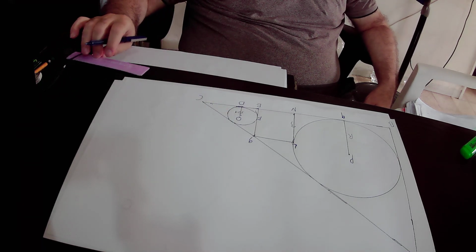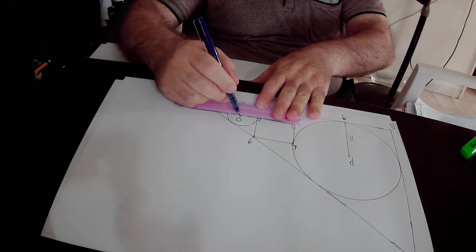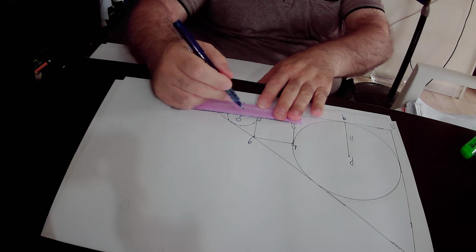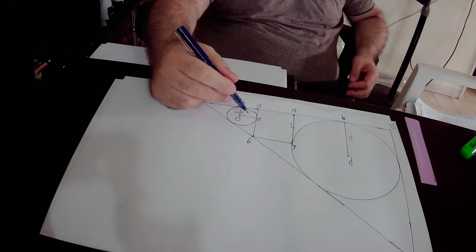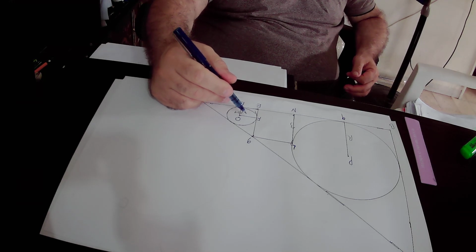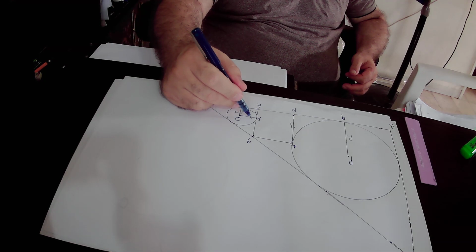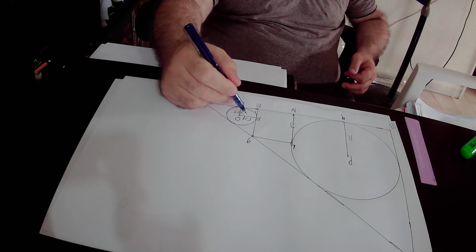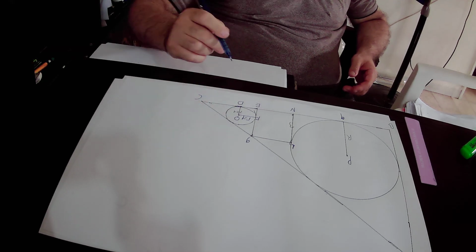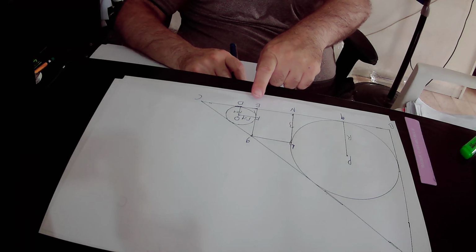We join points O and F together by a straight line. Here point O is the center of the small circle, point F is the point on the circle itself. Therefore OF is the radius of the small circle that is equal to R. The radius is equal to 1, and we have here the radius of the small circle that is drawn to the point of tangency.